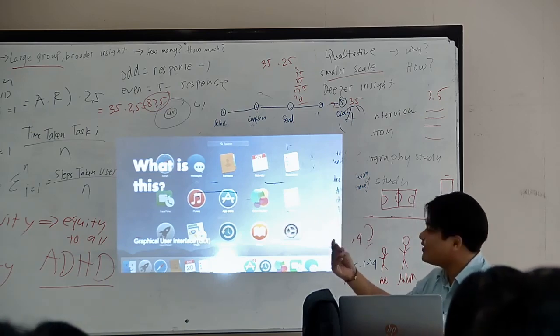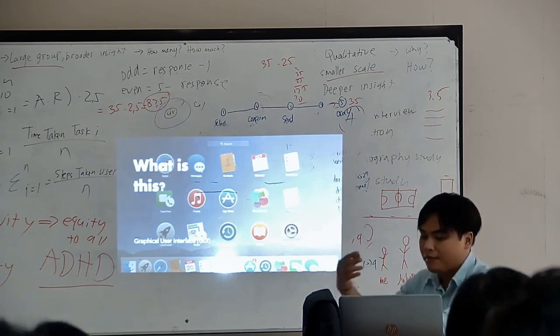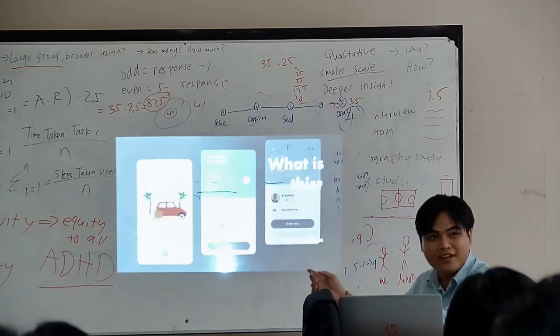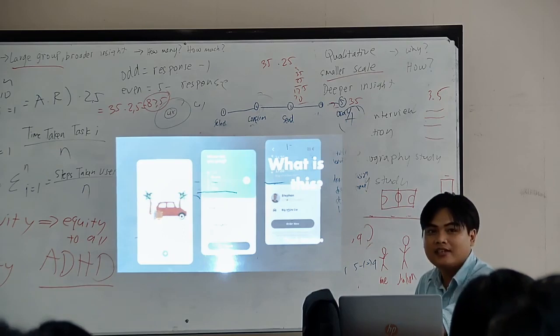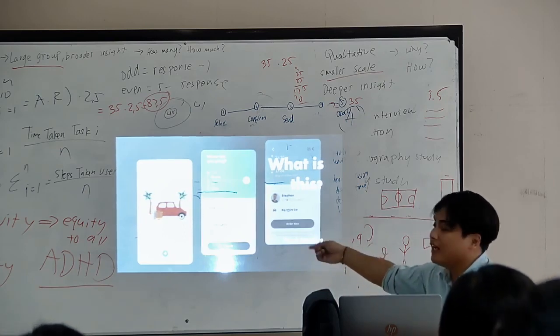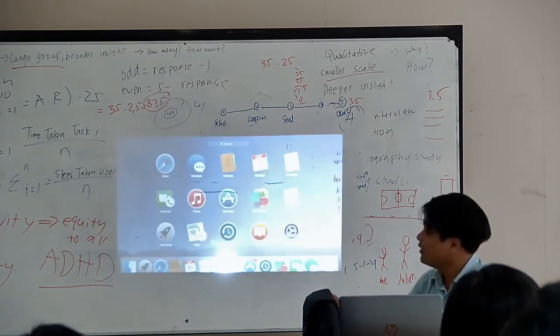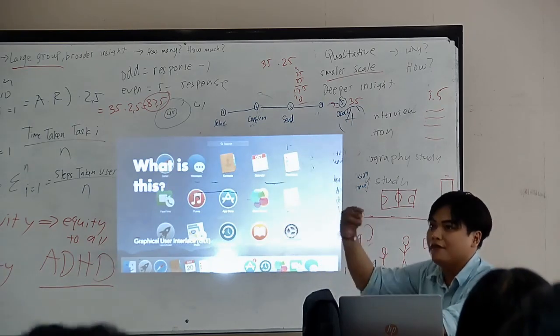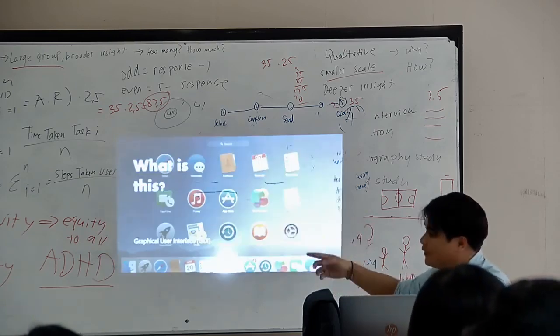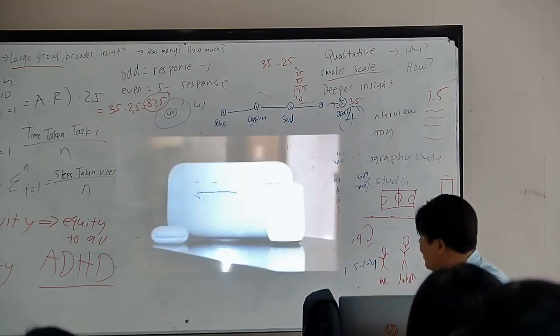The main component is the graphical interface. Is this a graphical user interface? Yes, this is, but it's for mobile and operation is by touch. This is the first graphical user interface, but by click. How about this?